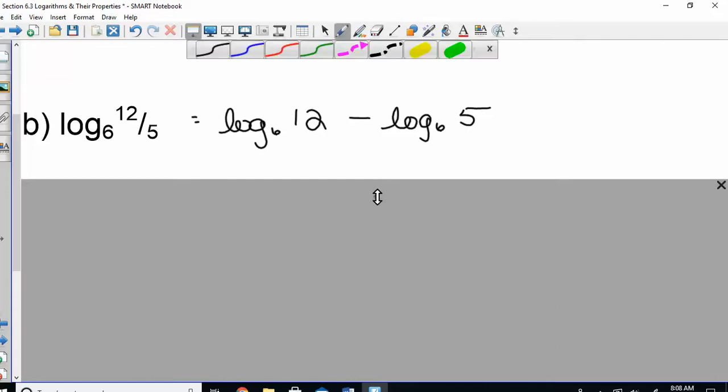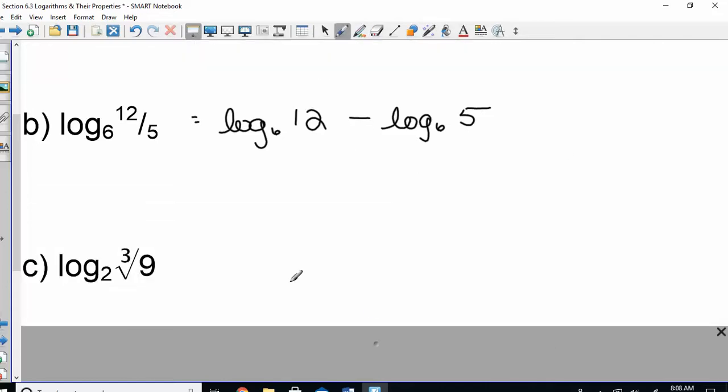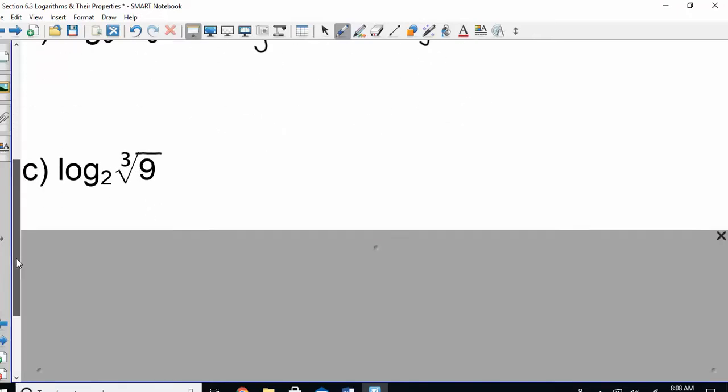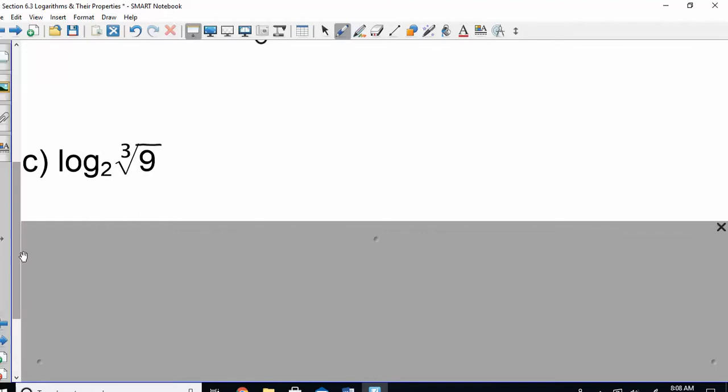Let's say I gave you log base 2 of the cube root of 9. Keep in mind, a cube root can be written as what kind of power? 1/3.